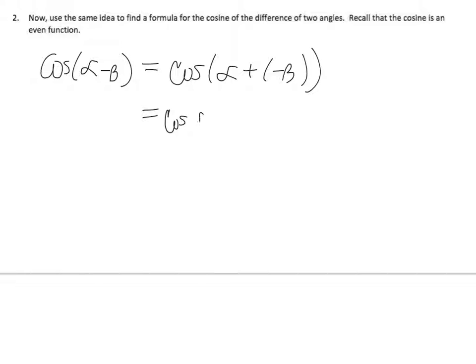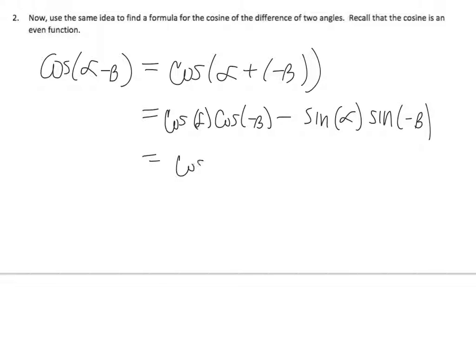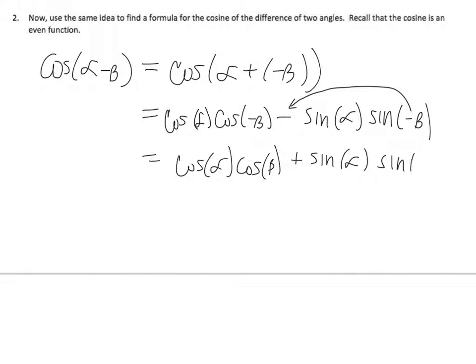So cosine alpha cosine negative beta minus sine alpha sine negative beta. Simplifies to cosine alpha cosine beta plus, because this negative would get factored out, sine of alpha sine of beta.